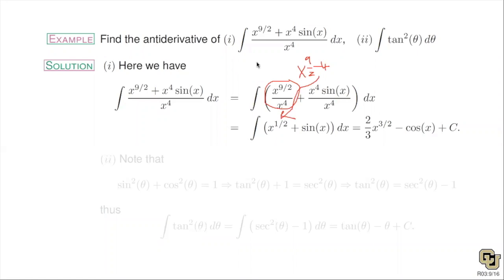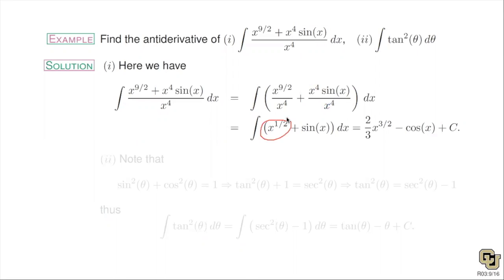For the sine term, obviously the x to the 4th cancels top and bottom. We're just left with sine. After this algebraic simplification, what's left is very straightforward to find the antiderivative of. For x to the 1/2, remember I'm finding an antiderivative, not a derivative.